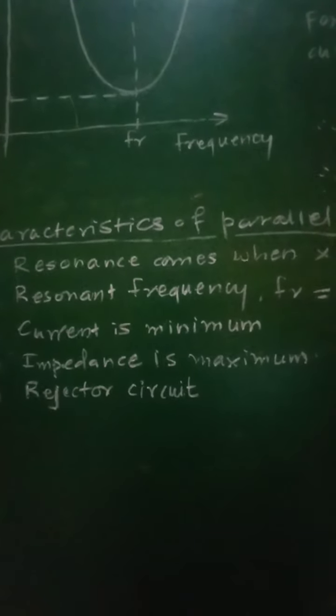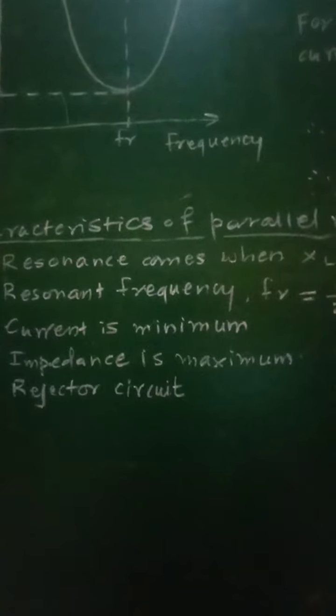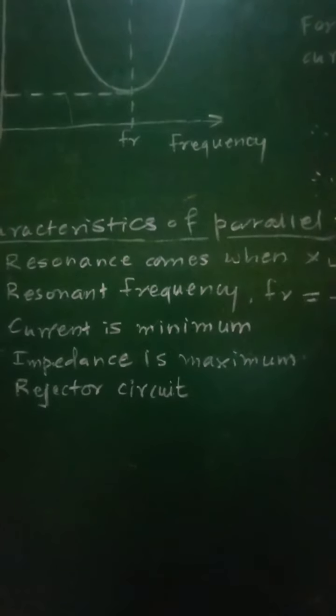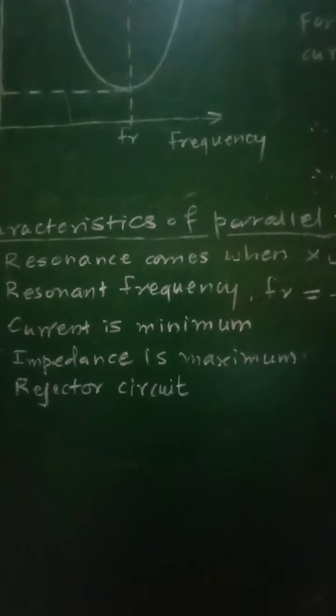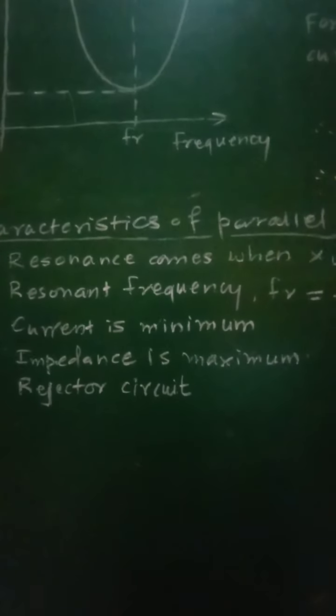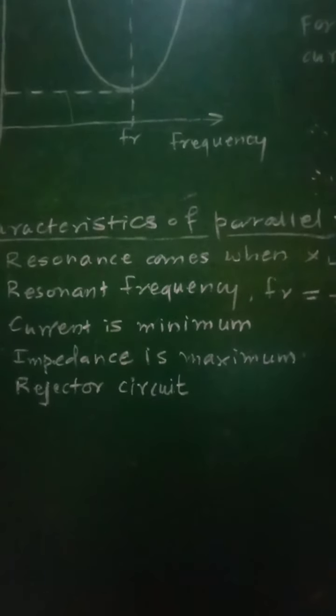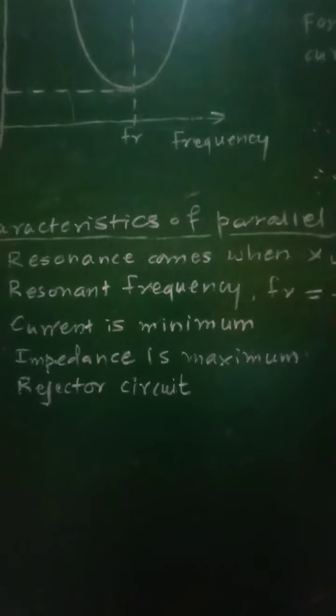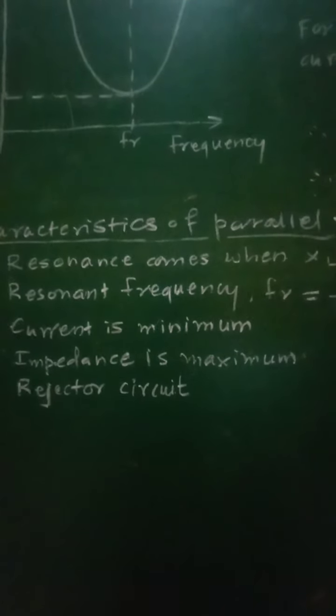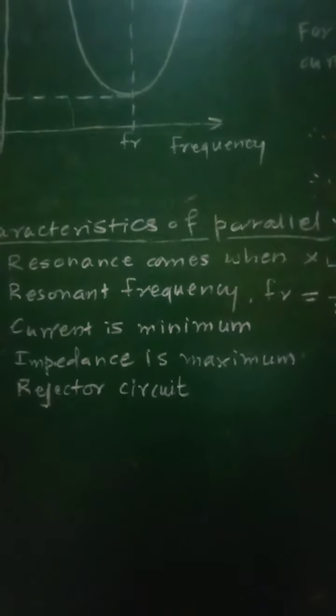So just now we have seen that the impedance of this circuit is maximum, and it will be maximum at resonant frequency Fr, and therefore it rejects the current but allows the current for other frequencies to pass through it.